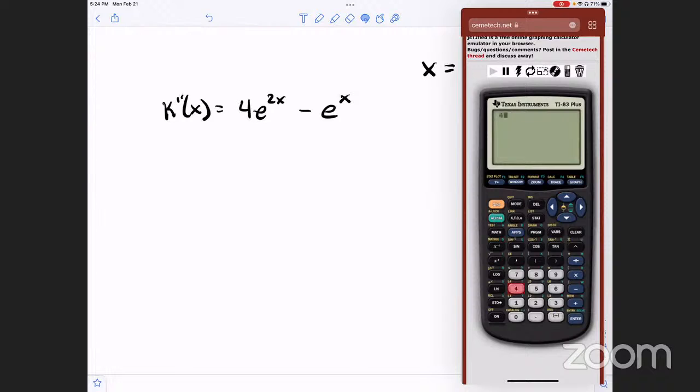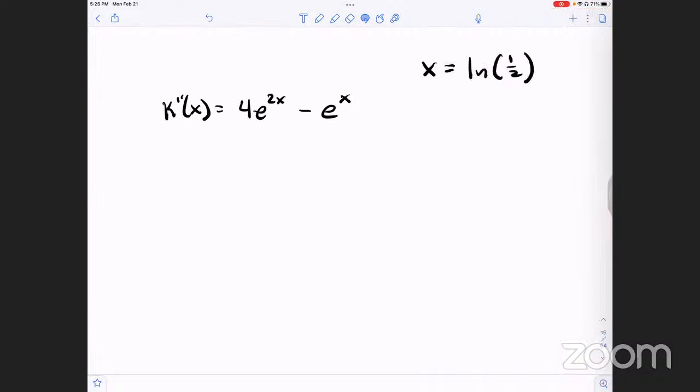So 4 e to the 2 times natural log of a half closes off the exponent, minus, and then e to the power of natural log of a half is just going to be a half. Okay, I think I got it.